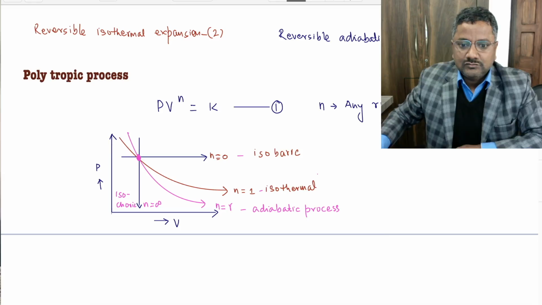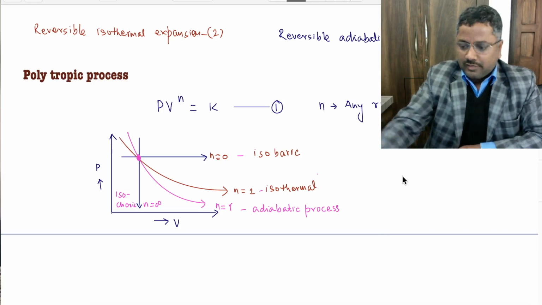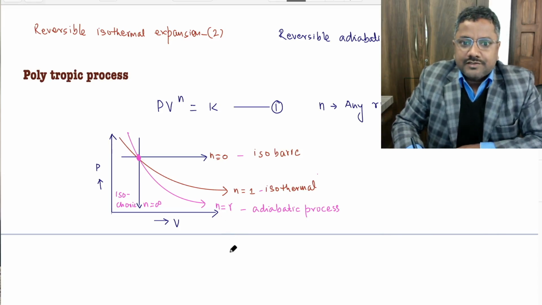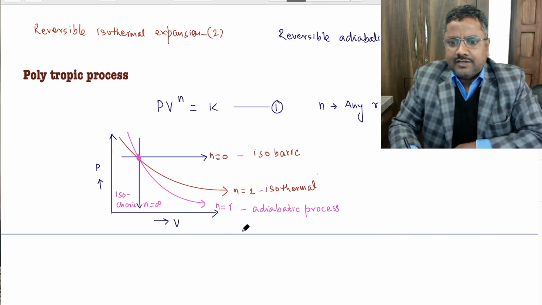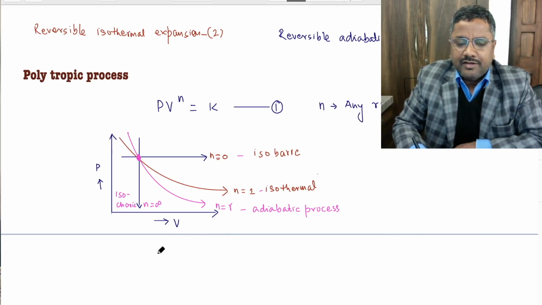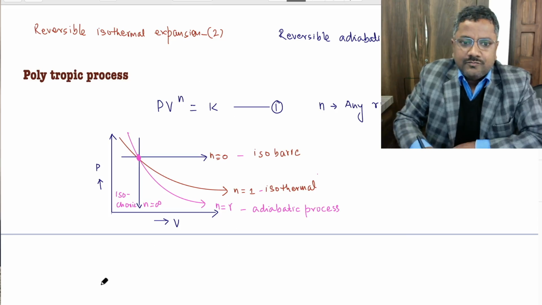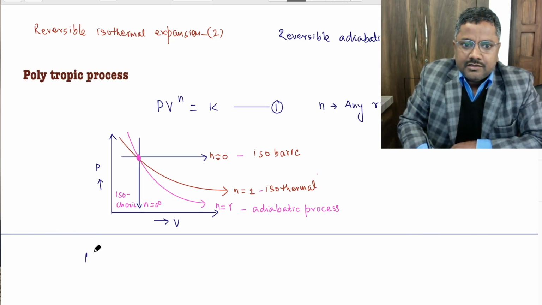Now see how to calculate work in a polytropic process. So simple, as we have calculated different PdV work, we can calculate this also. See, PV to the power n is equal to constant K. I'm starting with this equation.